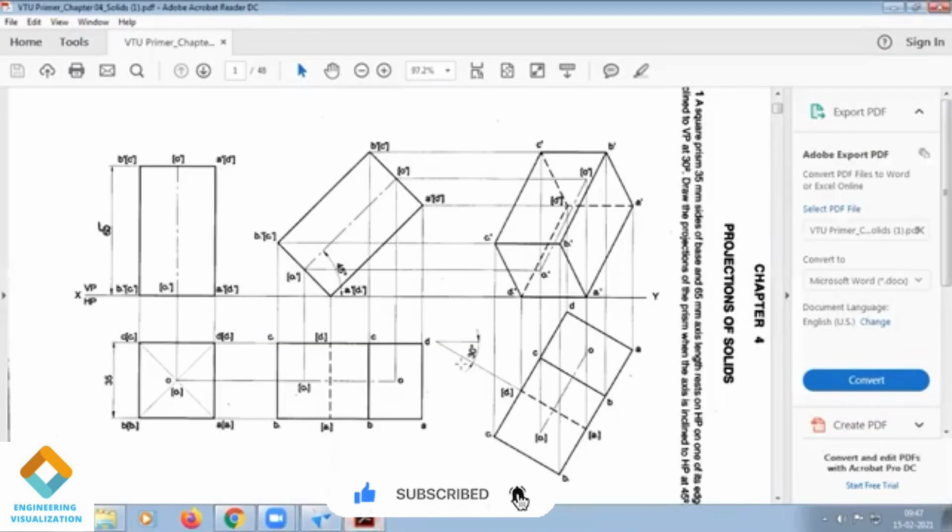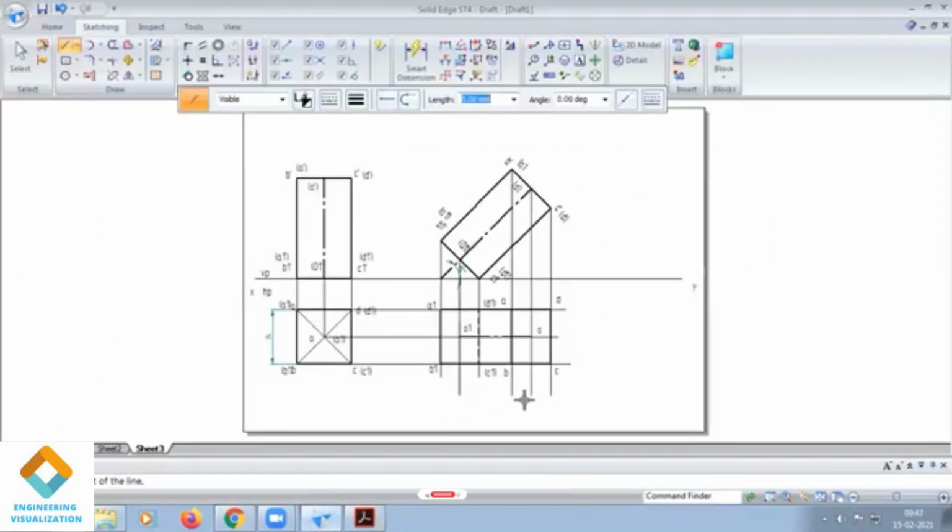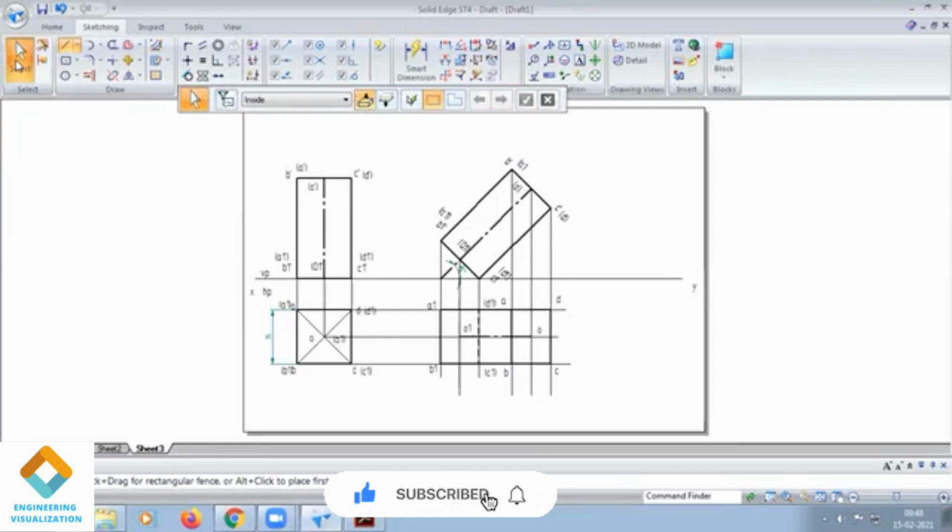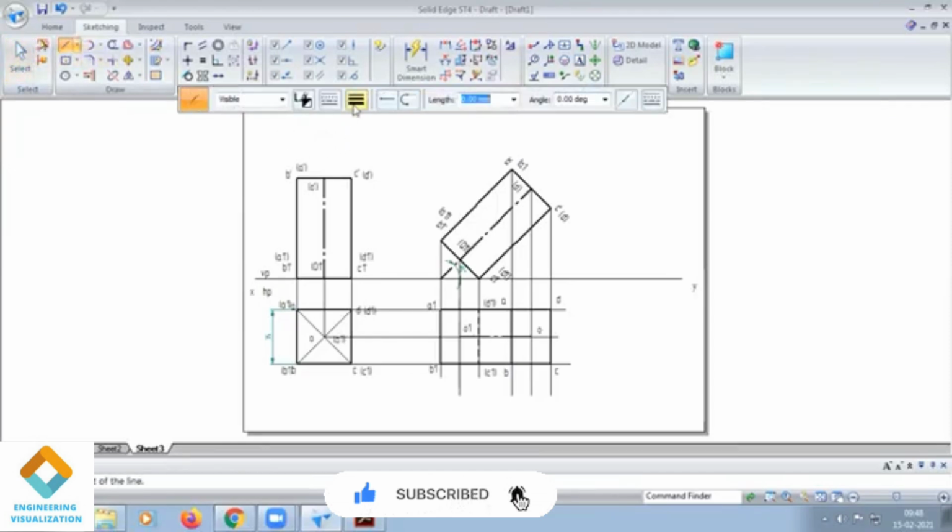So you see in this the angle of inclination, that is 30 degree. So 30-degree angle line we have to draw here. So minus 30 degree angle line.